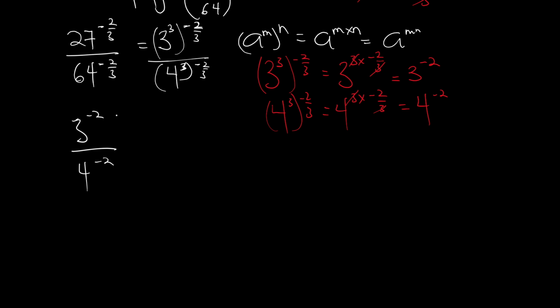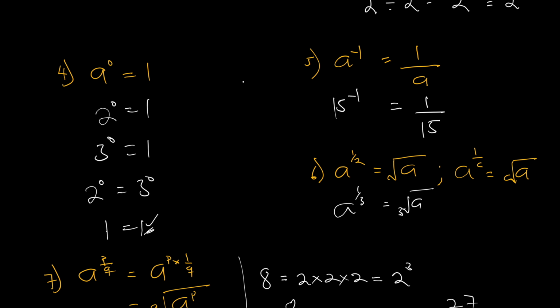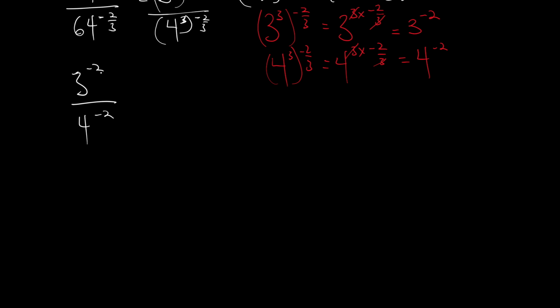3 raised to the power minus 2, from our rule 5, can be written as 1 over 3 raised to the power 2. So 3 raised to the power minus 2 is equal to 1 over 3 squared, divided by 4 raised to the power minus 2, which can be written as 1 over 4 raised to the power 2.